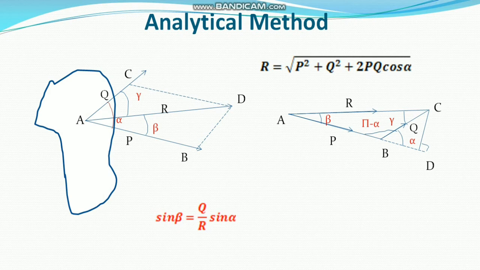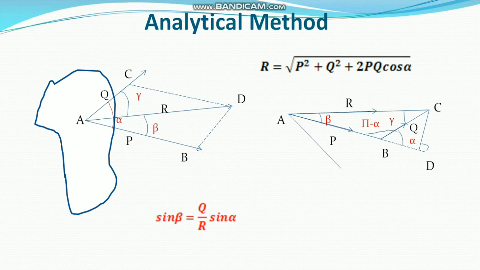So Q sin alpha will be equal to CD. CD is common to these two triangles, ACD and BCD, so if you equate them, you can find out that sin beta is equal to Q by R sin alpha. Just by equating the two triangles, you can find it easily.